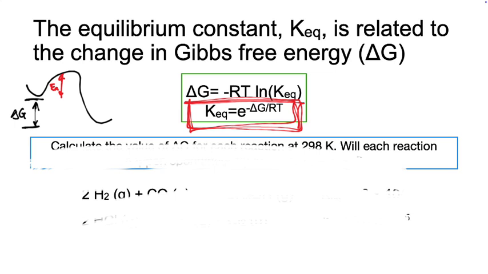In my plot, all I'm looking at is the activation energy for the forward reaction, right? How about we look at the activation energy for the reverse? What would the difference be between those two activation energies? That's the delta G. That's why this looks like it's tied back to the Arrhenius expression.